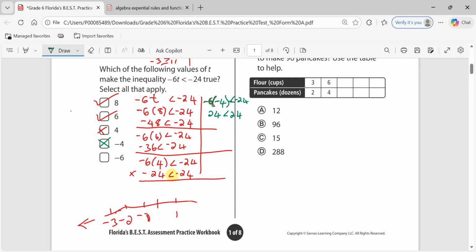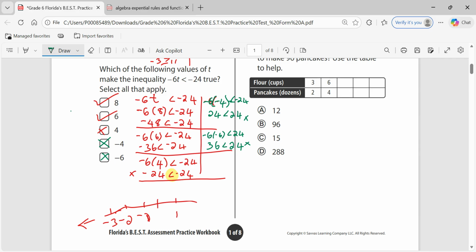So no, doesn't work. And then I'm going to go -6. Negative times a negative is positive, and 6 times 6 is 36. So +36, is that less than 24? No. So my answers are A and B.